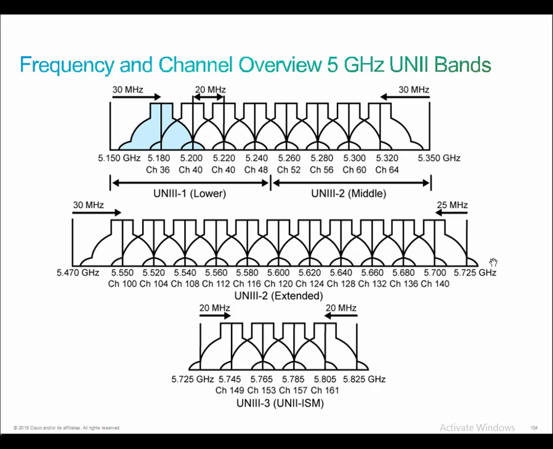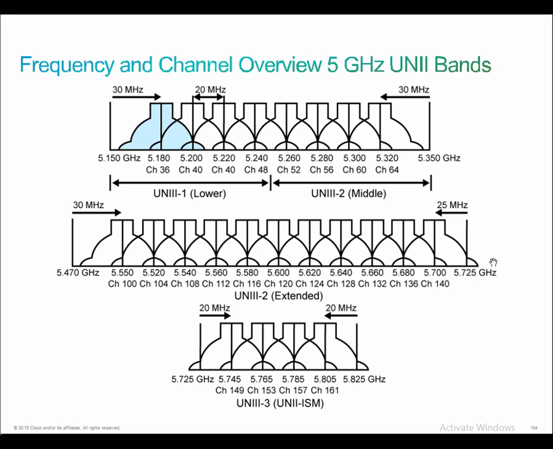Oh, they're in the diagram there. I'm trying to think of these from the top of my head, and I just realized they're on the diagram. 36, 40, 44, 48, 52, 56, 60, and 64. These are allowed in both the UNII-1 and the UNII-2 spectrums.